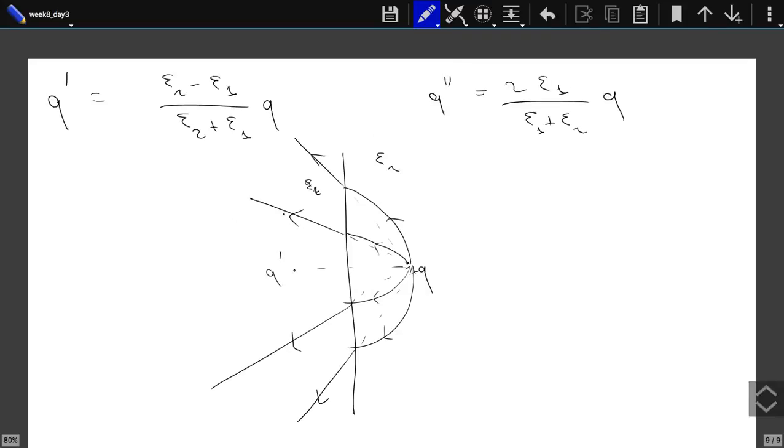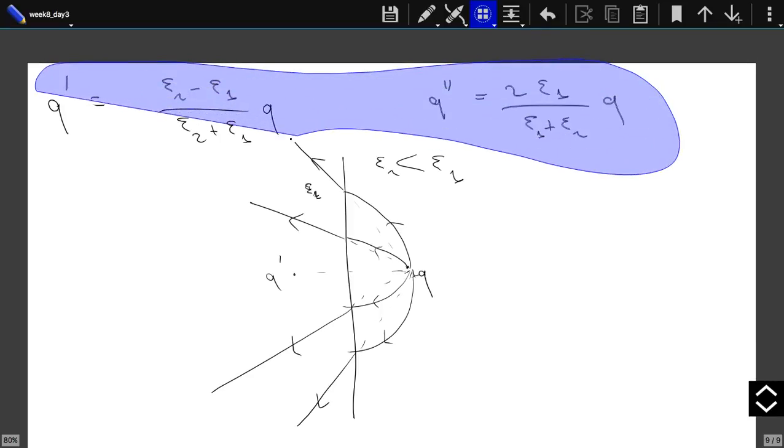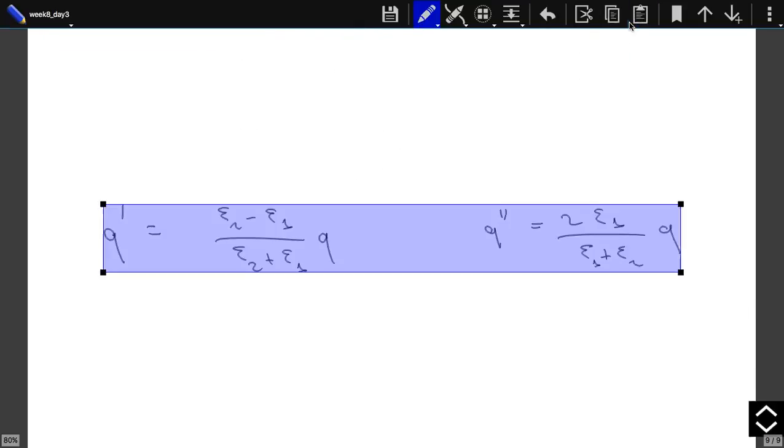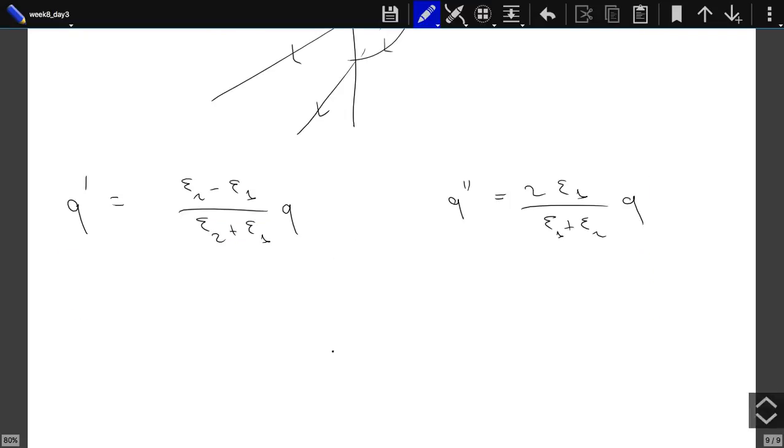In this case, epsilon 2 is less than epsilon 1. Since epsilon 2 is smaller than epsilon 1, Q prime is negative. Now, if epsilon 2 is larger than epsilon 1, you see Q prime is positive in this case.